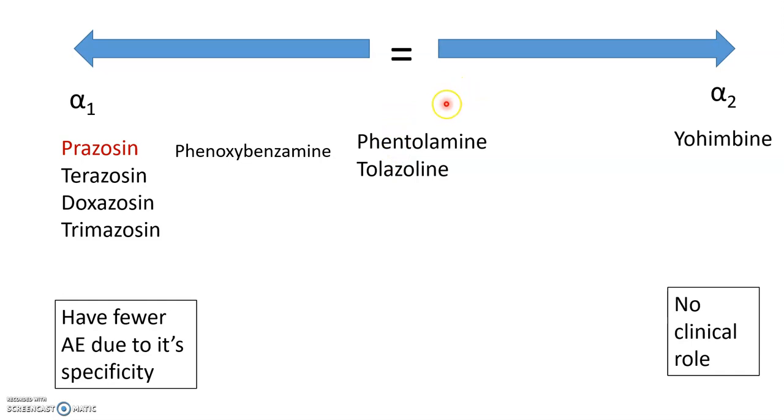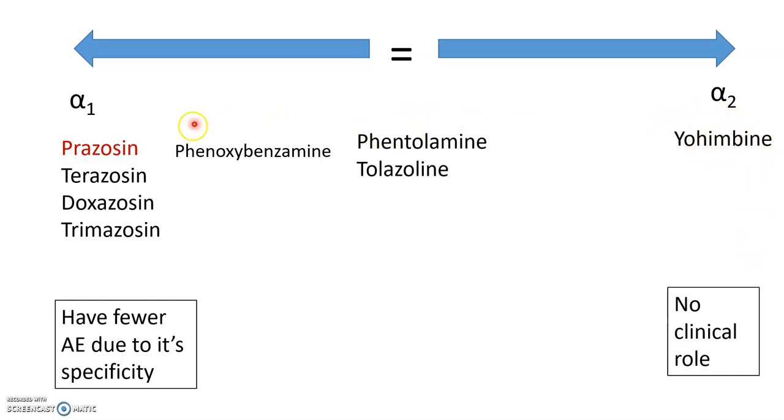So showing quite a similar picture as we have shown in the previous talk. We have phentolamine and tolazoline that act almost similarly on alpha 1 and alpha 2. And then we have an alpha 2 antagonist, which is yohimbine, which previously had no clinical role. I'm not sure whether it has any clinical role nowadays. You don't use yohimbine in patients to treat certain conditions.